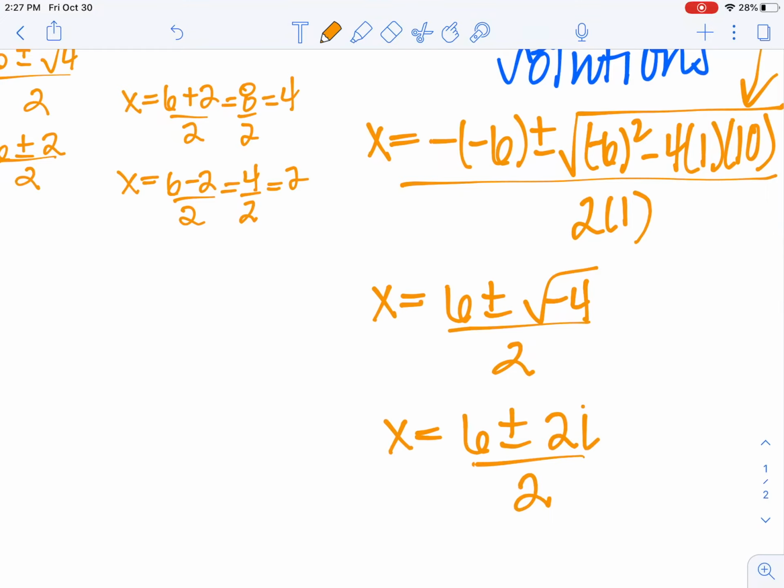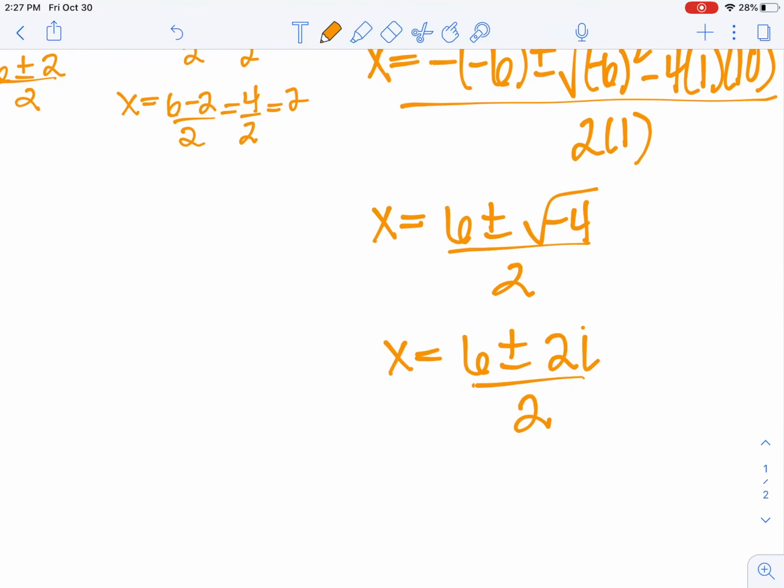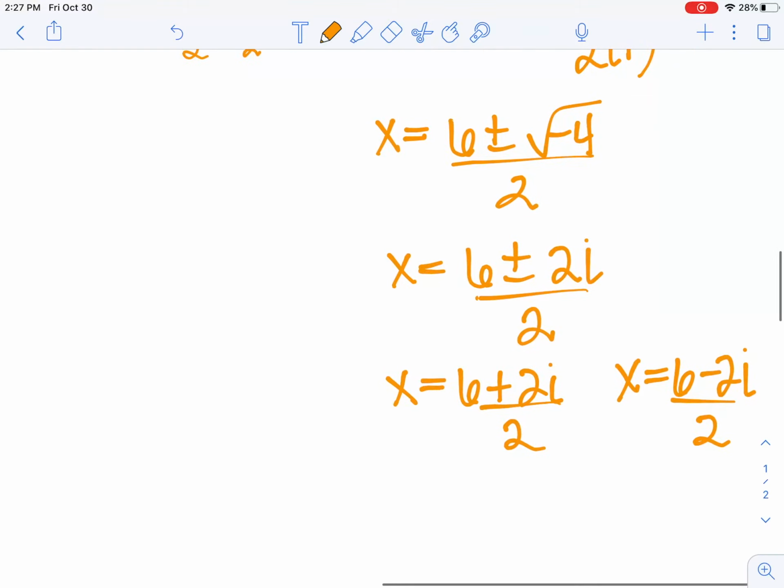all over 2. Okay, now we write those as 2 separate answers, 6 plus 2i over 2, 6 minus 2i over 2. And what I hope you notice is that all 3 of those terms can be reduced by a factor of 2.